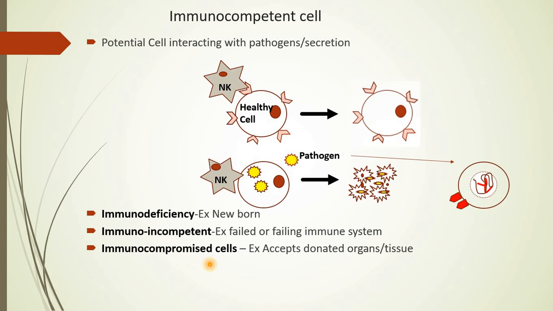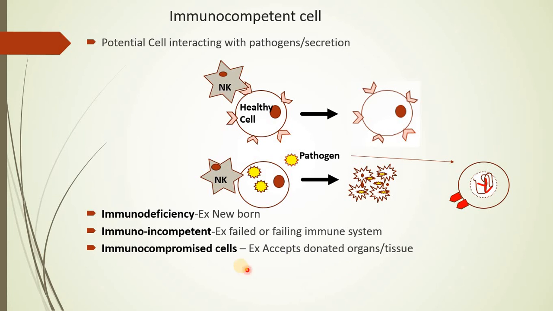Now, compromised refers to acceptance of whatever is forcibly added into the body. An example is the word transplantation, which you might have come across many times. What actually occurs in transplantation is that an organ or tissue which does not belong to the host body is forcibly introduced into the diseased body so that life is sustained in the host.